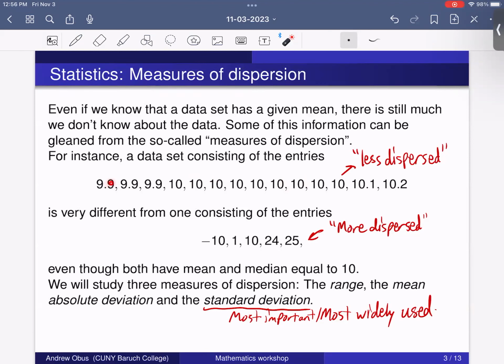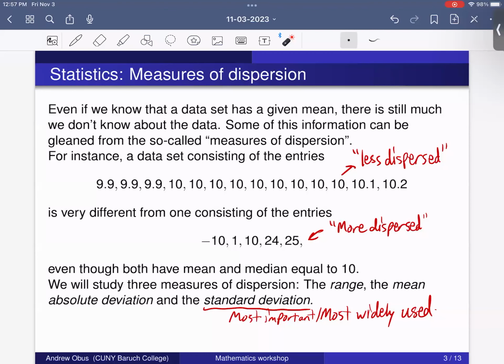So in this case, I have 1, 2, 3, 4, 5, 6, 7, 8, 9, 10, 11, 12, 13, 14 entries. So if I add these all up and I divide by 14, I'm going to get 10. And here, if I add these all up and I divide by 5, I'm going to get 10. It just means that in both cases, 10 is the average. Even though here I have lots more measurements and the range is much smaller, the average is still going to be 10 in both of them.